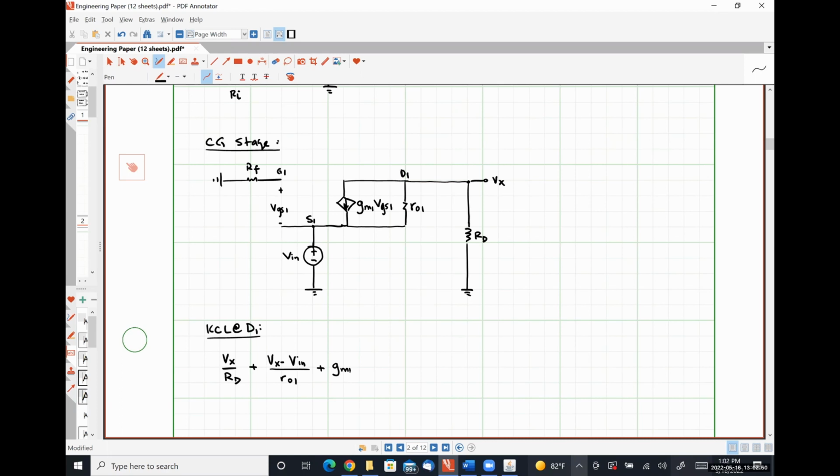Now, how can I relate VGS1 to Vn? Equal and opposite, right? Is equal to 0.